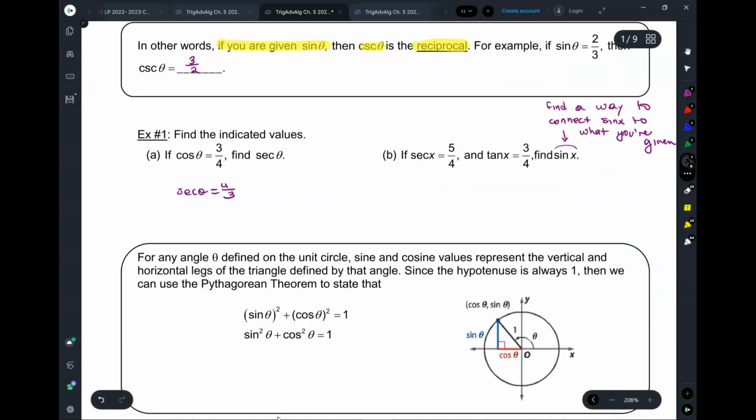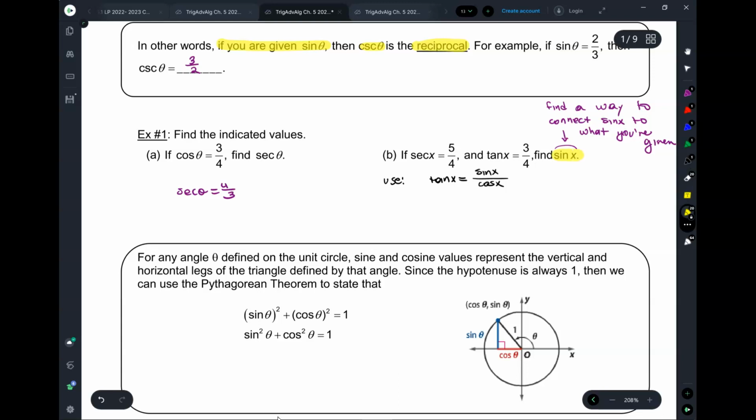We're going to use tangent x equals sine x over cosine x. Okay, but now, what am I looking for here? What am I eventually solving for?